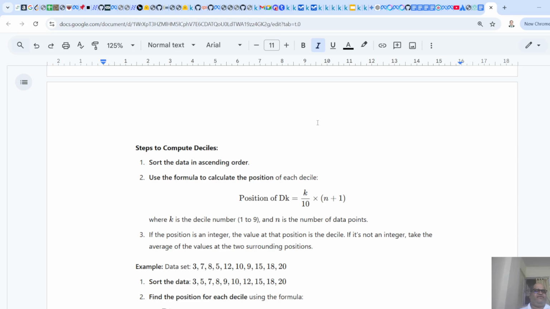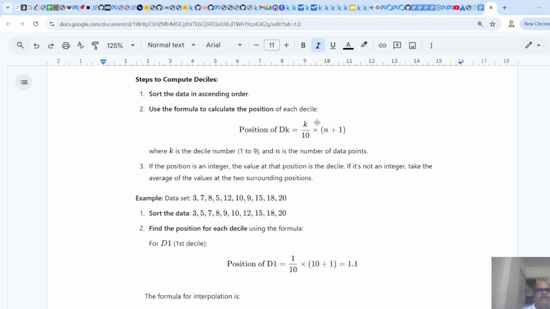For D9, it will be 9 by 10 into n plus 1. This helps you find the starting position of the decile, and from there you extrapolate to the next value. You'll see a formula for doing that.